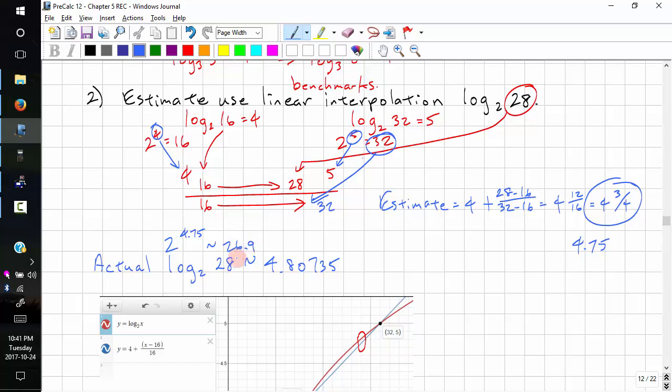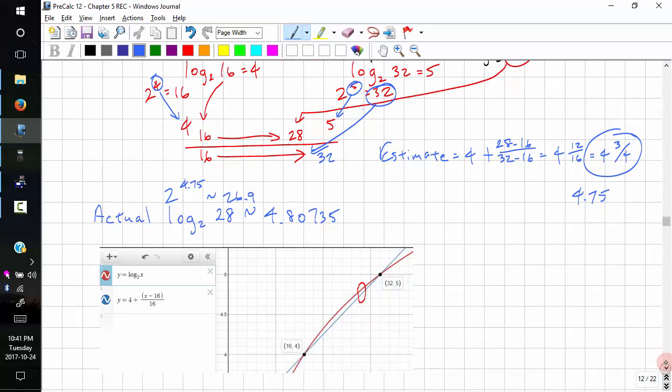So again, that's pretty close to the 28. This blue line is called the linear approximation. Our calculated value is called linear interpolation.